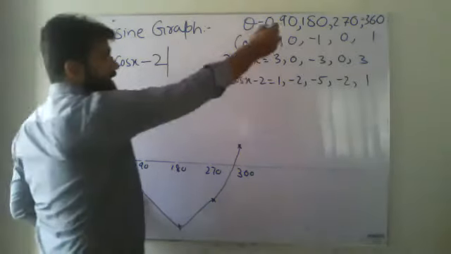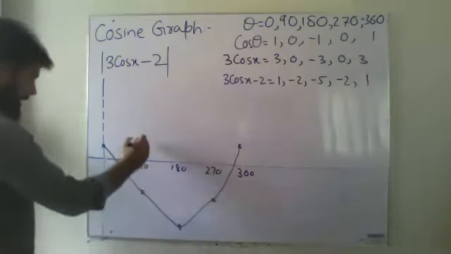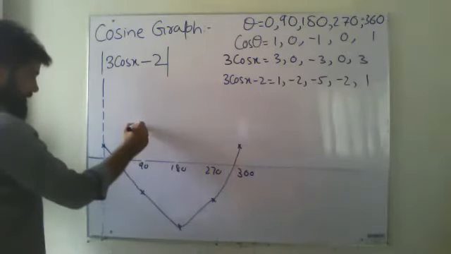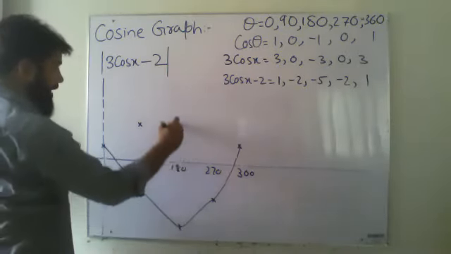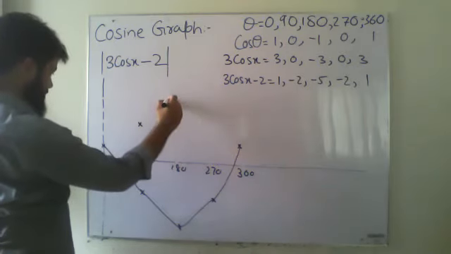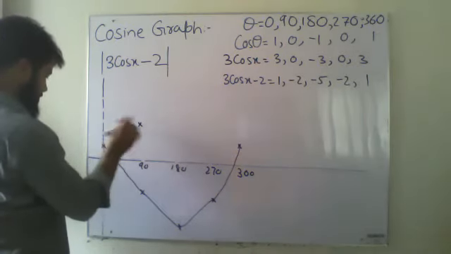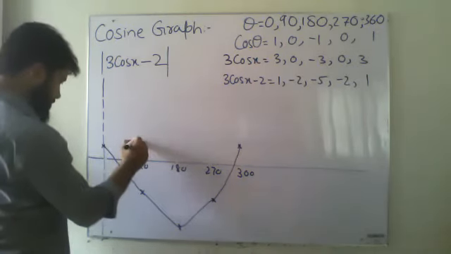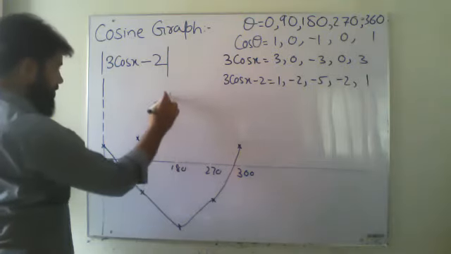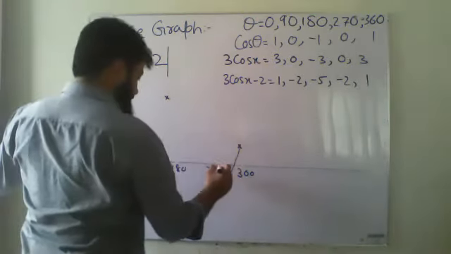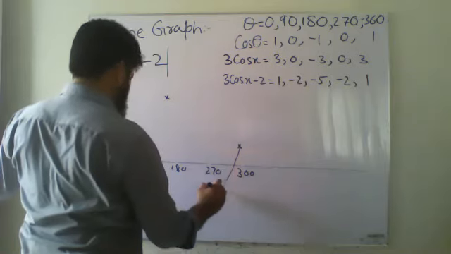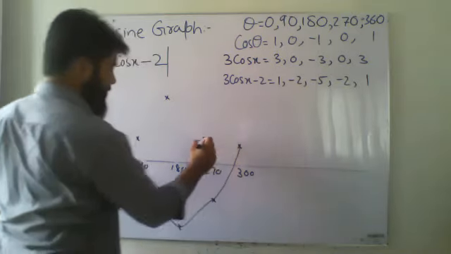At 90 degrees, I have got -2. I will be marking it at +2. For -5 it will be marked at +5. Again, -2 will be marked at +2.